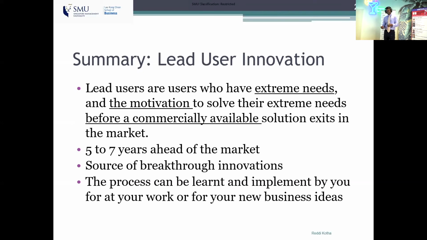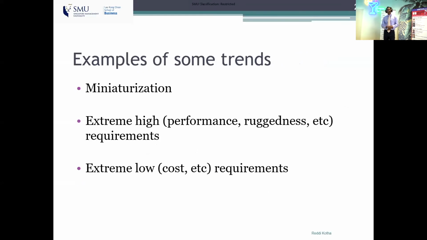So let me try playing this in a different way. I'll go back a slide and now ask you, tell me what lead users are, right? You heard my presentation and talk. Pretend you didn't see the slide ahead. Type out in the chat function, tell me who lead users are and why are they important.